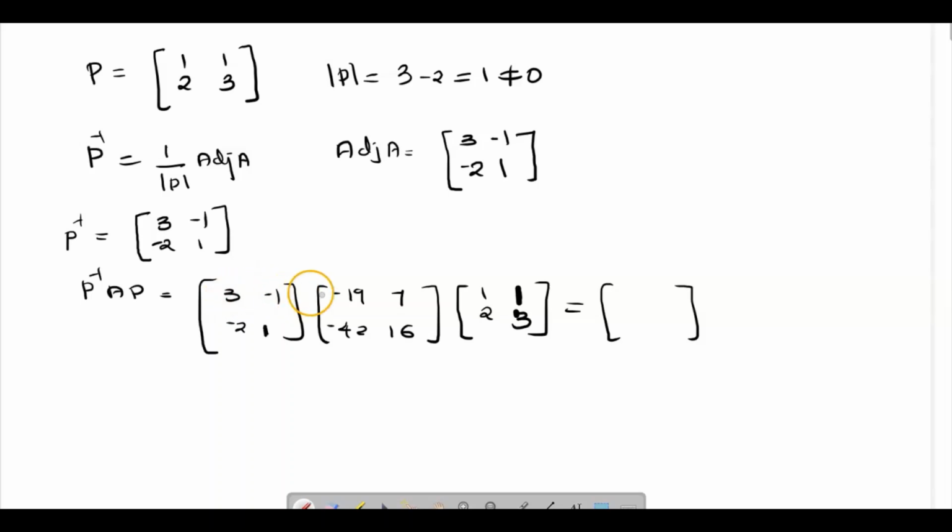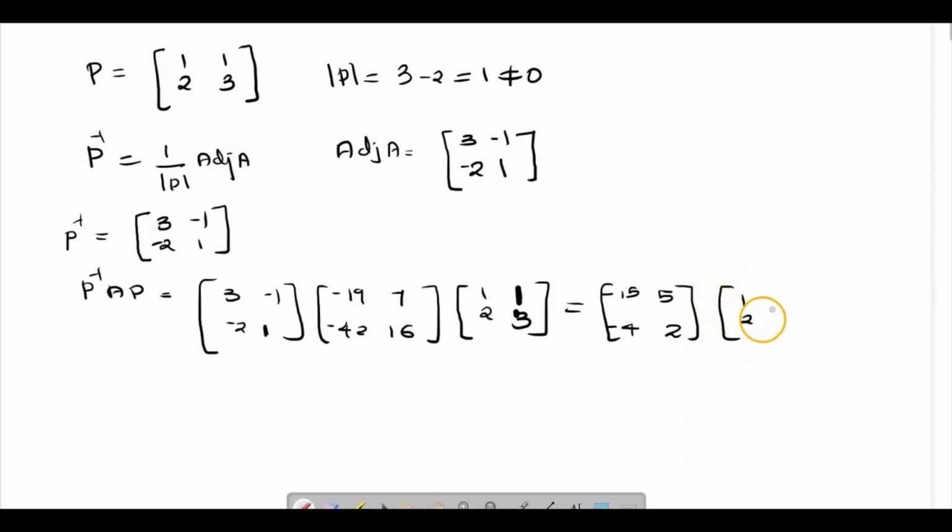This gives 3 into minus 19 plus 42, we get minus 15, and 21 minus 16, 5, and 19 into 2, 38 minus 42 is minus 4, and minus 14 plus 16 is 2.